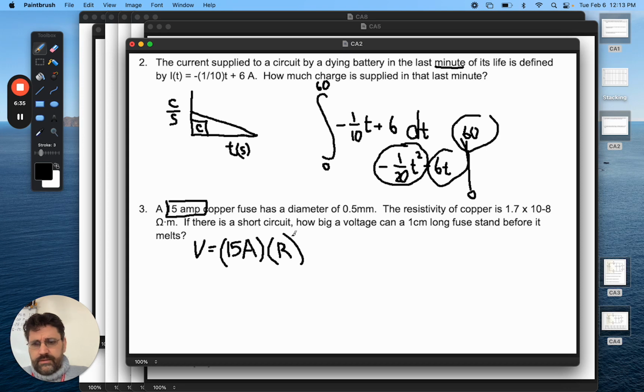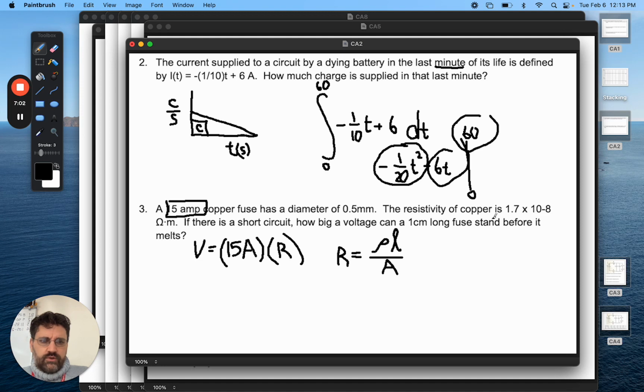So the question is intended to make you find R using the formula for the dimensions of the resistor plus the resistivity. So rho times L divided by cross-sectional area. And that'll give you R, and then if you multiply it by the 15 amps, you get your answer.